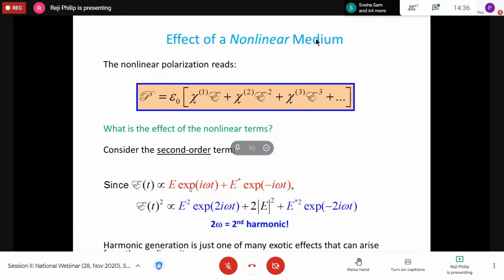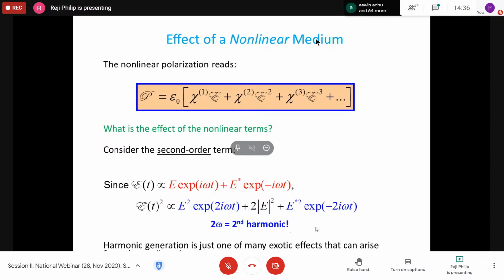You have a cos function and a sine function, they are oscillating functions. If it is an oscillation, it has a frequency, given by the argument. Here we started with omega, but we ended with 2 omega. That's the most important observation from this expression. This 2 omega is double the frequency of the original beam, and that is what we call second harmonic.